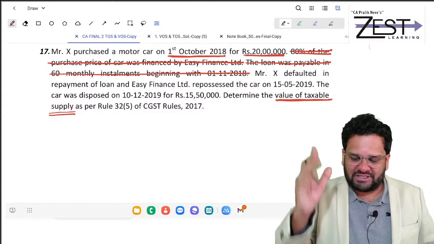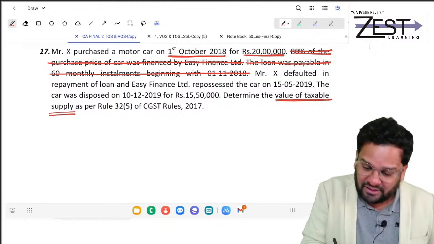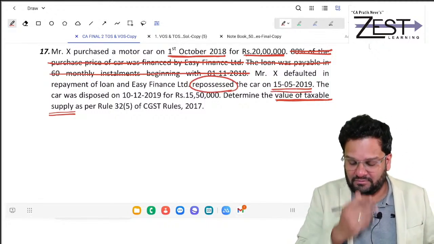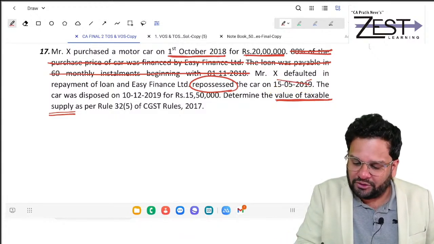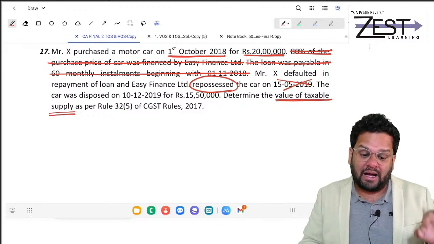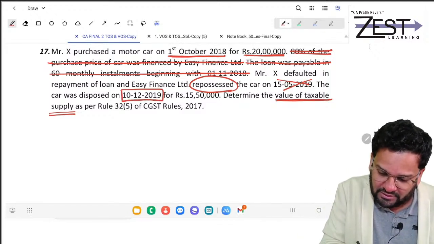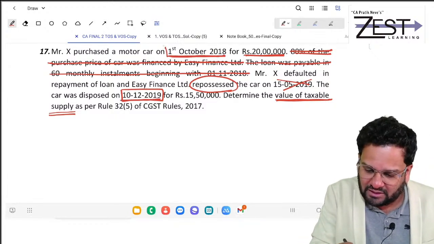Okay. So Mr. X defaulted in repayment of the loan and Easy Finance Limited repossessed the car on 15th May 2019. Actually, I'm not even bothered with this date. The date the car was disposed matters. This is the date of sale of the car and this is the date of buying the car.